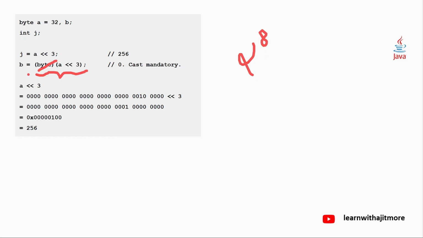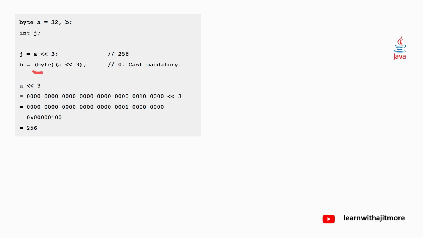And I've been telling you in the past sessions so many times, so many examples also have shown. Yes or no? And in the previous slide, we have discussed that before doing the shifting, these values are promoted. So A is actually byte. It is still here only. But before doing shifting, it is promoted to integer.